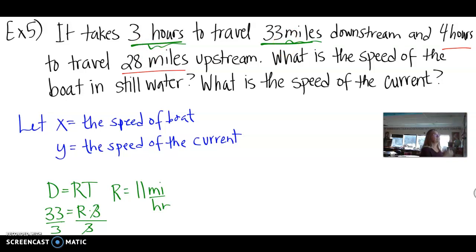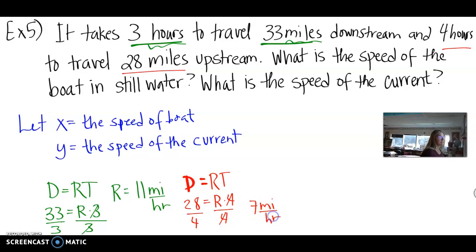And then do the same thing for going downstream. We're going a distance of 28 miles in 4 hours. So dividing by 4, you get your rate going upstream is 7 miles per hour.